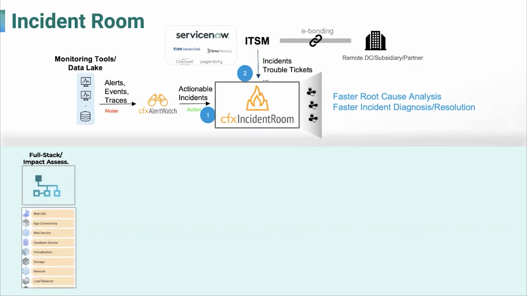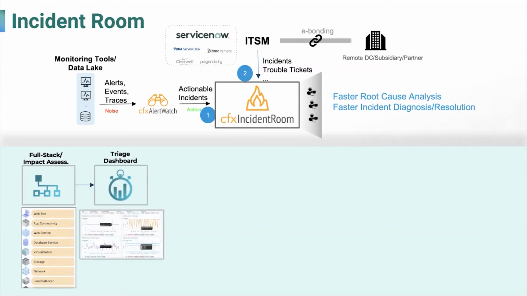We have what is called an automated stack resolution, because we look at not one alert in isolation, but we're able to pull the entire dependency mapping from the application down to the network and storage and say these are all the elements that are participating in this specific event or incident. We also collect the metrics that are dependent on the specific stack, and we run a bunch of mathematical models to see the correlation, to see if there is any anomalies on the collected KPIs and so on.